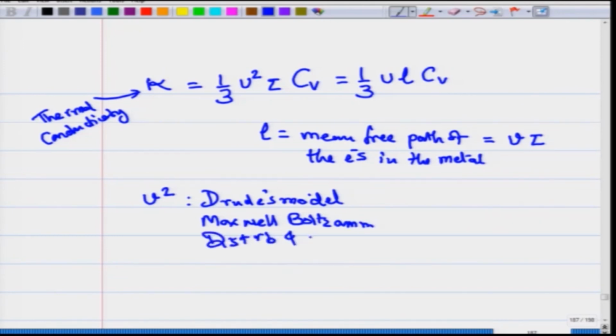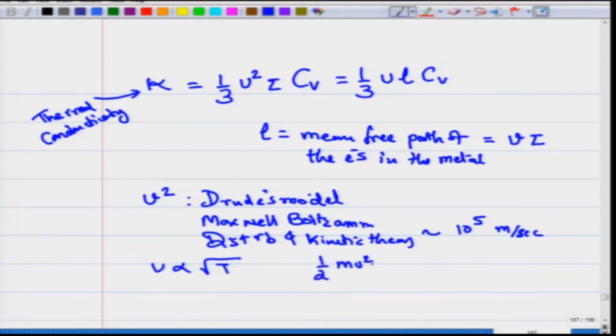And from kinetic theory, this was evaluated to be about 10 raised to 5 meters per second, and this velocity was proportional to square root of temperature, because if you recall, half m v square was of the order of kBT from kinetic theory of gases. So, v was proportional to square root of temperature. This was as far as Drude's model was concerned.